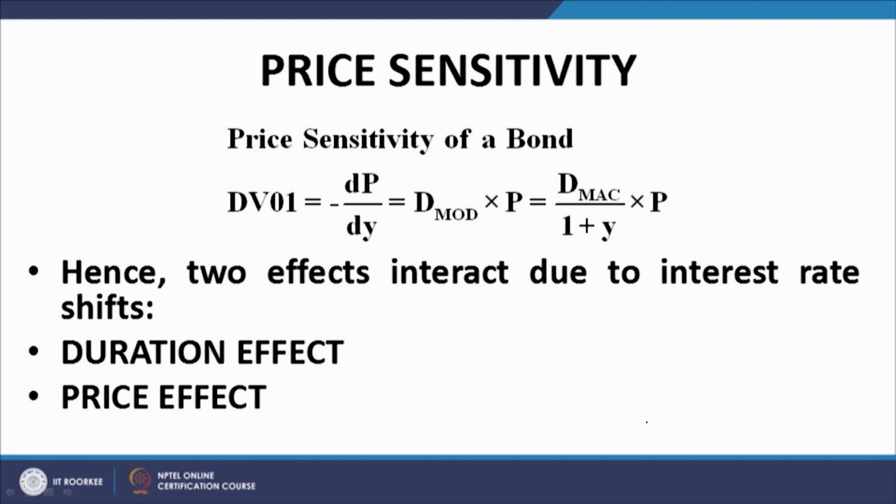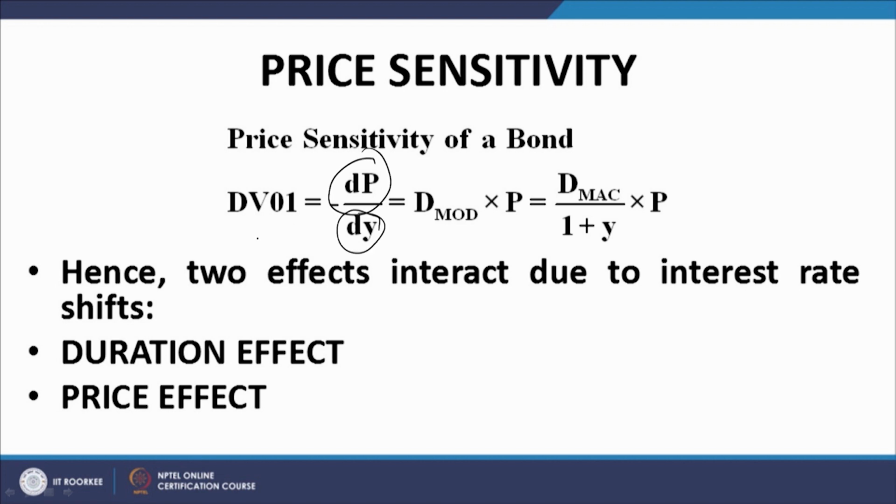Price sensitivity. Now, price sensitivity is a synonym, or another name given to what we referred to earlier as DV01. DV01, which was the negative of what? Negative of the absolute change in price, that is dP, to the corresponding change in yield, that is dy.